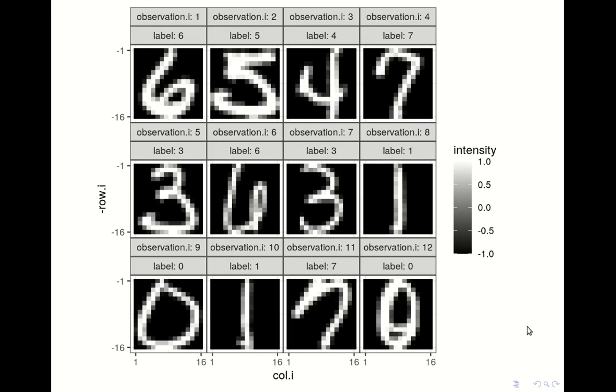So here's an example of 12 different observations from this image digit data set that I'm going to show you in a little bit. And so the idea is that each one of these panels shows you one observation. And we see the label of each one of these images in the panel title, right?